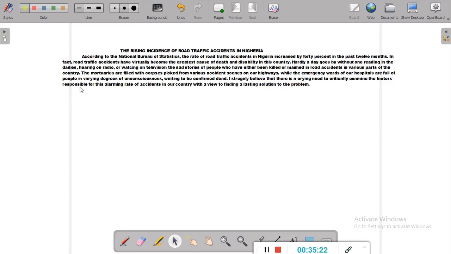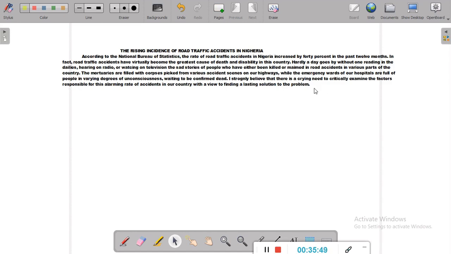Incidentally, that is what the examiner has told us to do, and that is the prompt that has given birth to our thesis. Our thesis is our central argument. We are saying that there is a crying need to critically examine the factors responsible for this alarming rate of accidents in our country, with a view to finding a lasting solution to the problem.